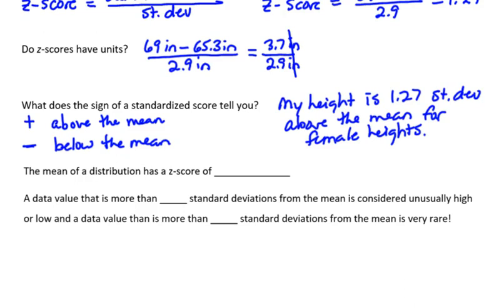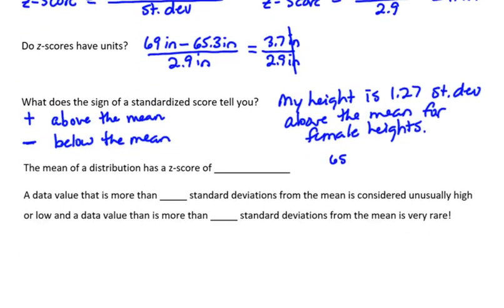Because the mean would have a z-score of what? If we took the mean height, 65.3, so if someone happened to be exactly 65.3 inches, 65.3 minus 65.3 divided by 2.9, and this is for the females, notice that ends up to be 0. And that's always going to be true. The mean of a distribution has a z-score of 0.